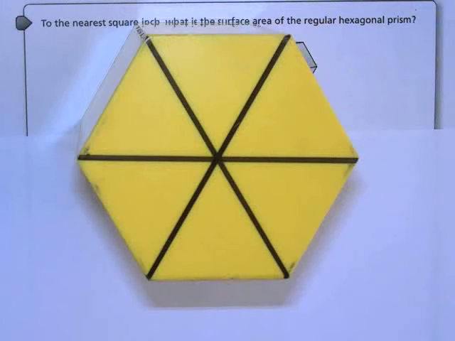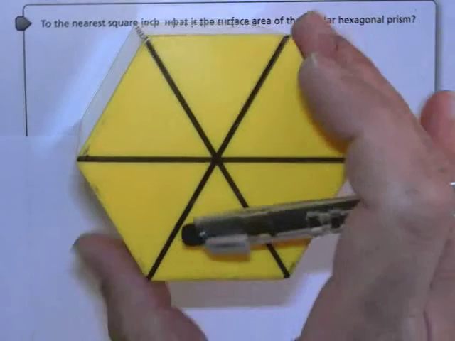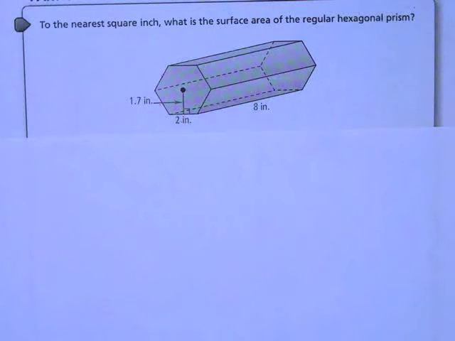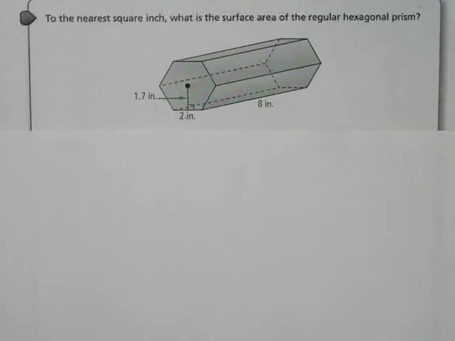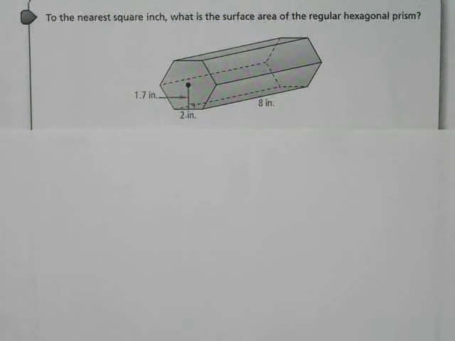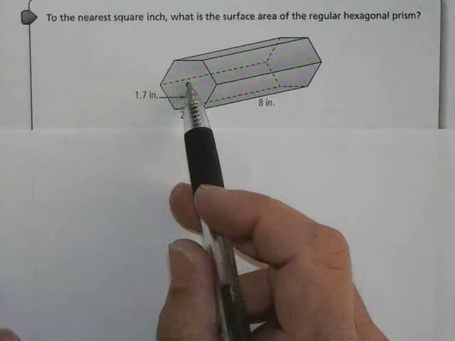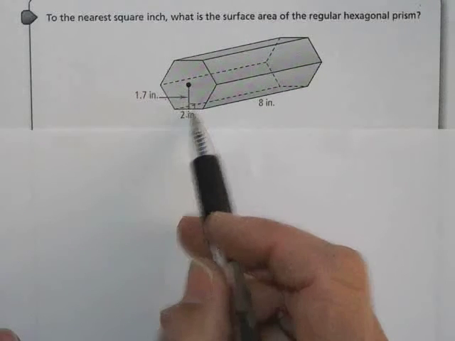Let's go back to our problem and see if we've got those numbers. And lo and behold, we do. We can see that we have a distance from the center of the hexagon to the base of 1.7 inches.